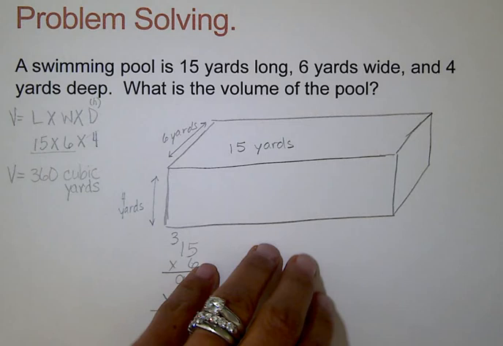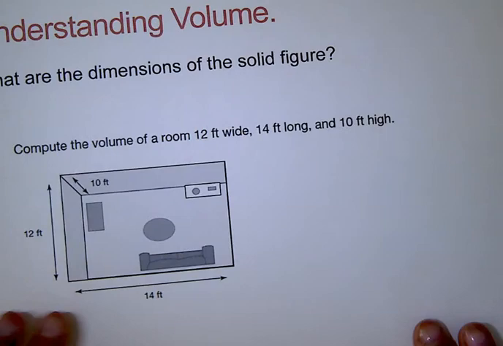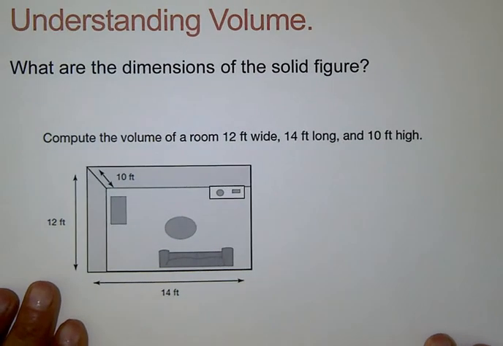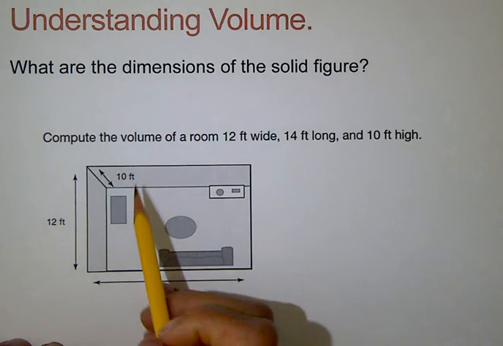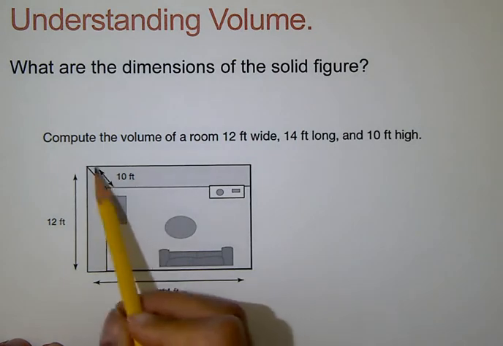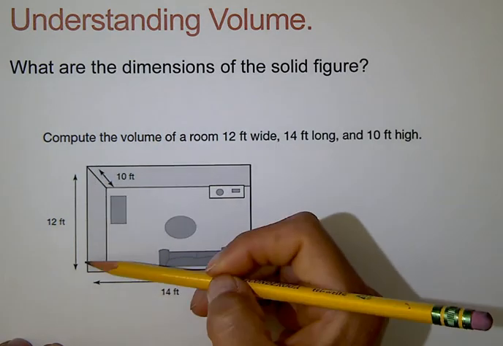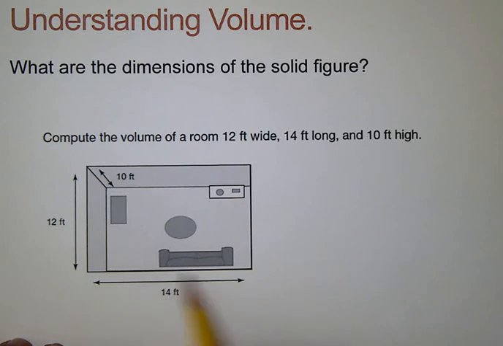Let's look at another example. What are the dimensions of this solid figure? So when I look at this room, a room is a good example of when you would need to compute volume, because you have how high the ceilings are from the floor to the ceiling, you have the width of the room, and you have the length of the room.